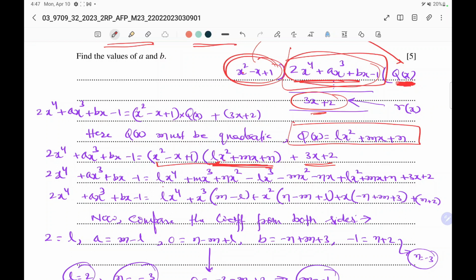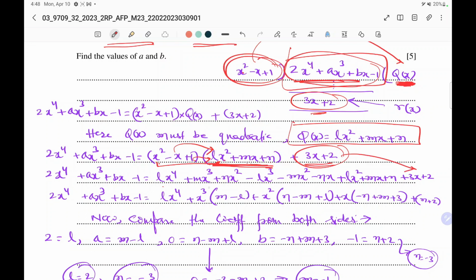Then you will get lx to the power 4, then mx cubed, then nx squared, then this x will multiply, giving minus lx cubed minus mx squared minus nx, then 1 times lx squared, mx plus n, and the last is 3x plus 2, which will come over here.